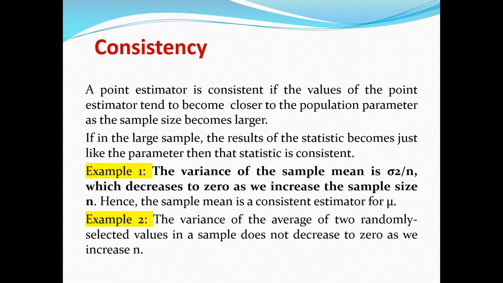If I am selecting the 2 students to calculate their average IQ, the variation between the average IQ across different random samples will not decrease to 0.